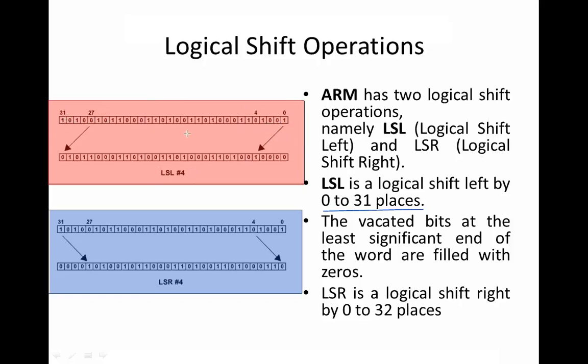What I'm trying to do here is shift left by 4. You can see that it is shifting left by 4. This 1 comes here, and the 0 comes here. So all this data that is here is lost. Whatever is there is gone. I do not now have access to this data.